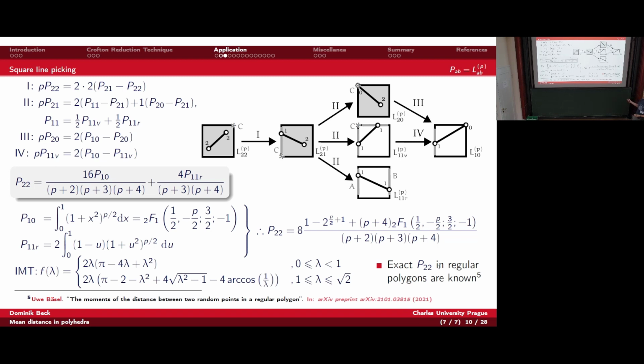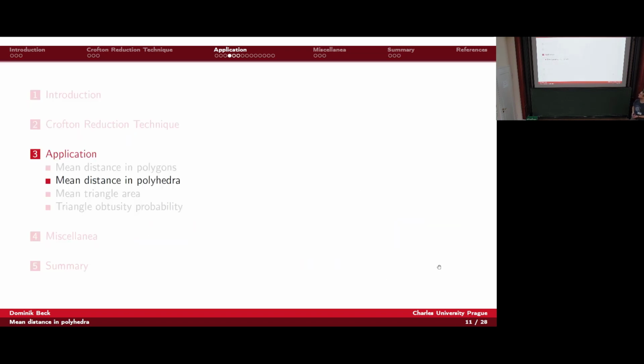Let me mention that the exact moments of distance are actually known in regular polygons of any number of sides. And this result is not my result, but it's a very recent result. I was interested in mean distance in polyhedra, so you go one dimension up.